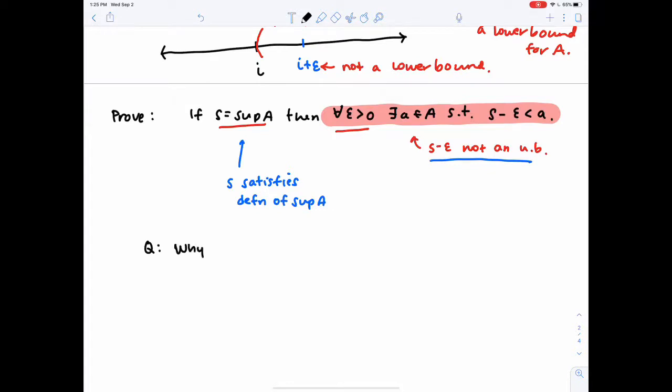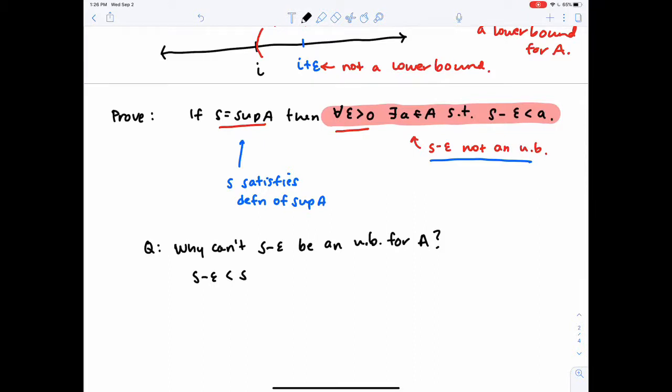So then why can't S minus epsilon be an upper bound for A? Well, S minus epsilon is less than S, right?